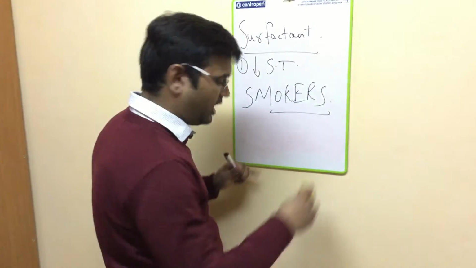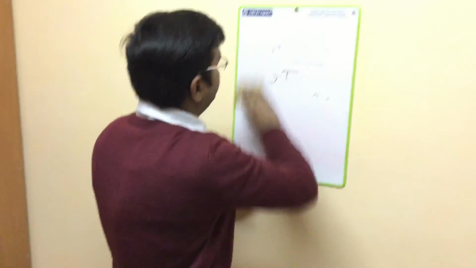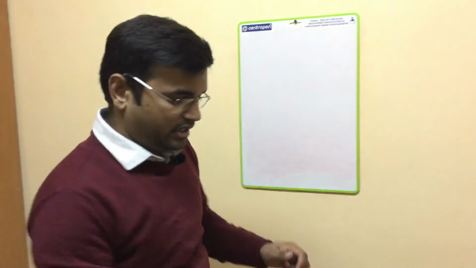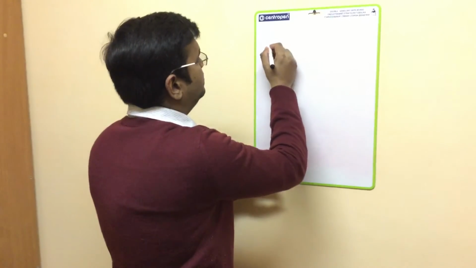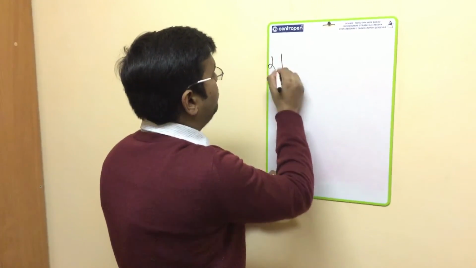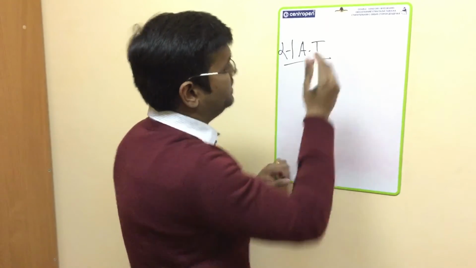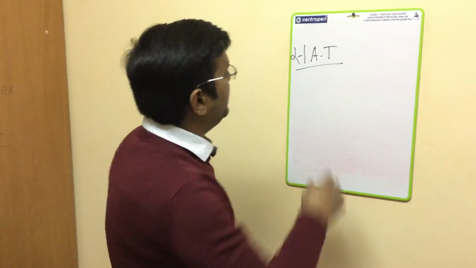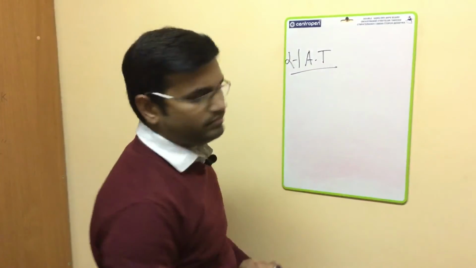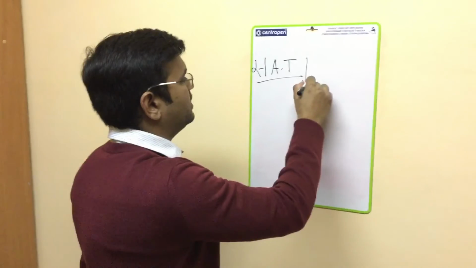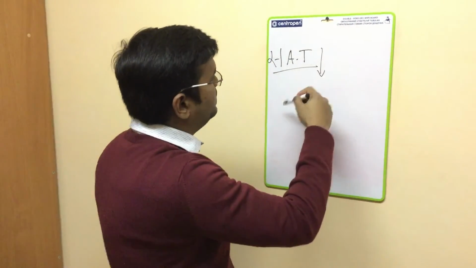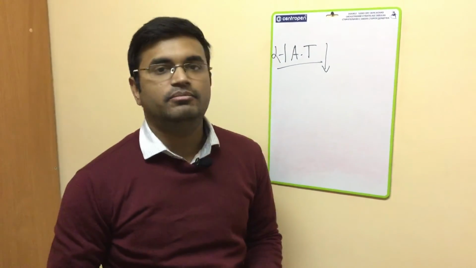Because when a person smokes, there is alpha 1 antitrypsin in the lung. This is an enzyme used in the surfactant process, and the alpha 1 antitrypsin enzyme reduces surfactant production. So in smokers there is decreased surfactant production.